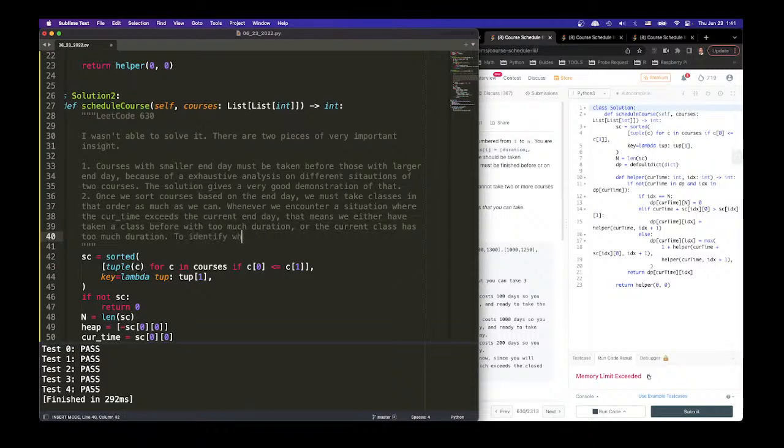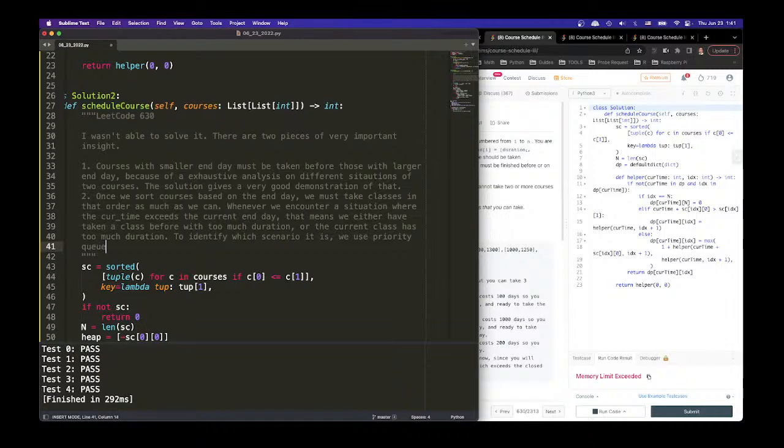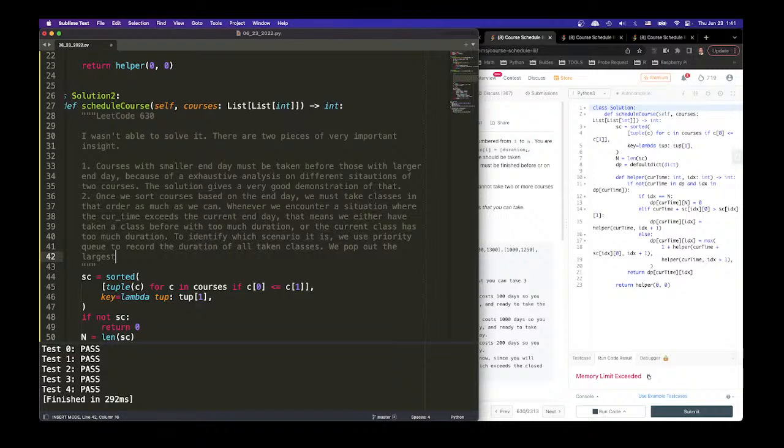To identify which scenario it is, we use a priority queue to record the duration of all taken classes. We pop out the largest one and compare it to the current class.